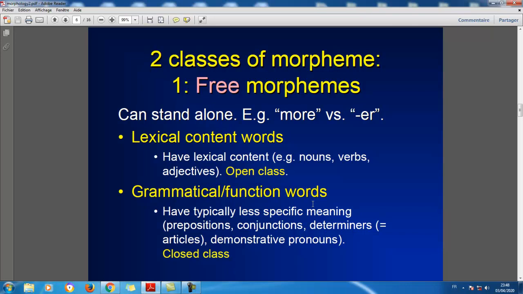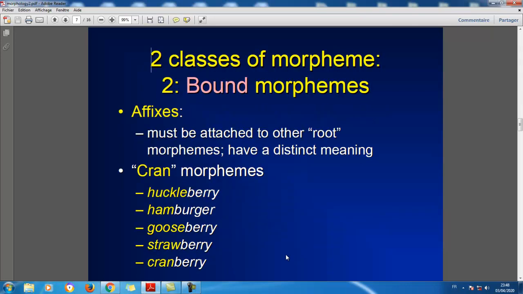But if I say I went cinema, we can guess that we have got the preposition to and the determiner, which are omitted there. So this is the main difference between content words and function or grammatical words.